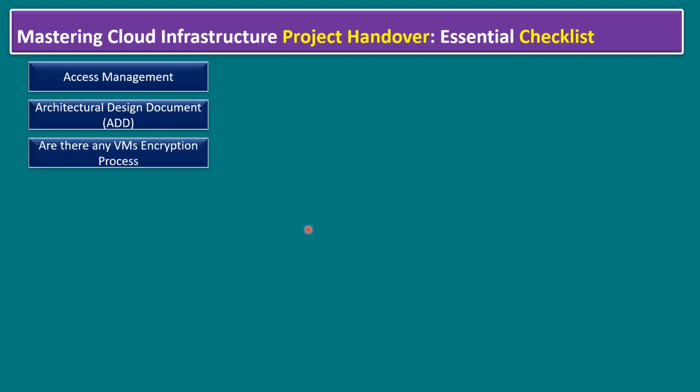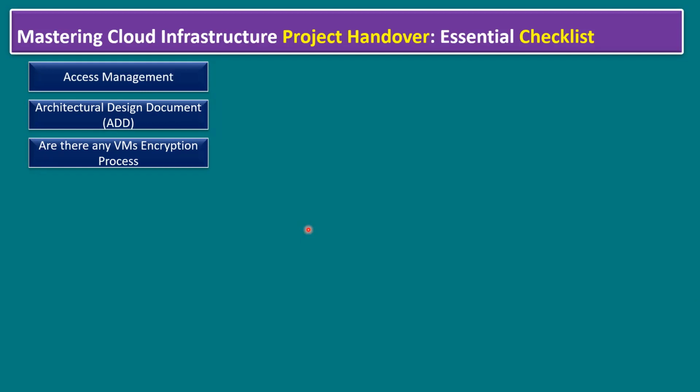Another checklist key item is: is there any virtual machine encryption process? In some scenarios, some organizations may have virtual machine level encryption policies, and some may have physical KMS servers. KMS means key management servers.